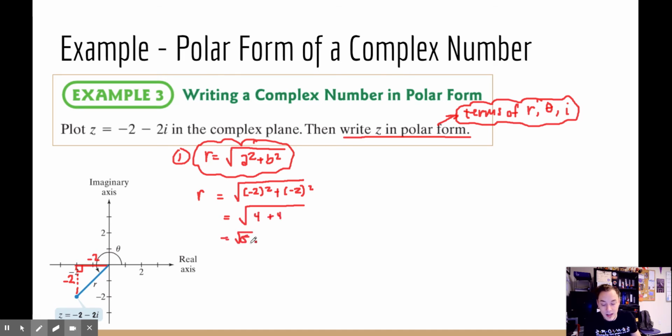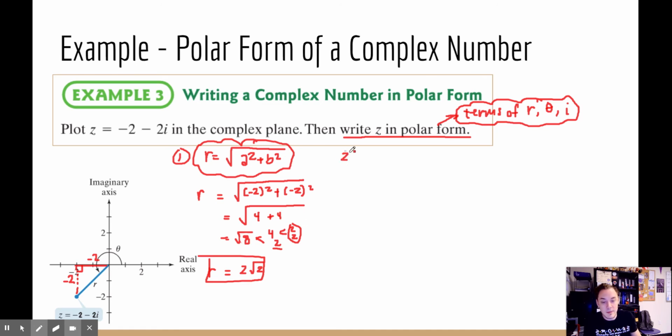And I simplify radical 8 down to 4 and 2, and this is 2 and 2. Since it's a square root, I circle 2. So this is r equals 2 radical, what's left over, 2. Just like I said. Ta-da! Okay, notice how knowing your special right triangles is very, very useful indeed. Okay, that's my first step.